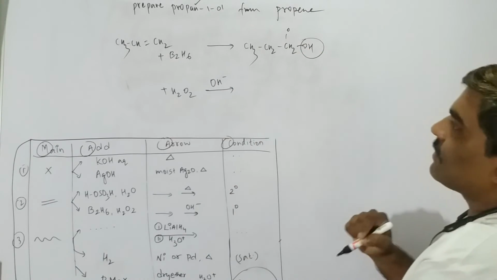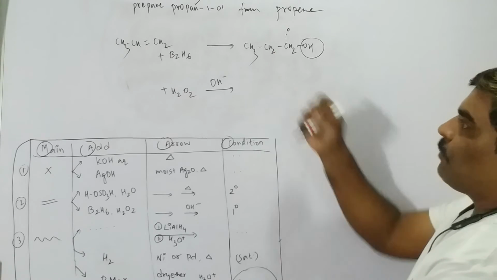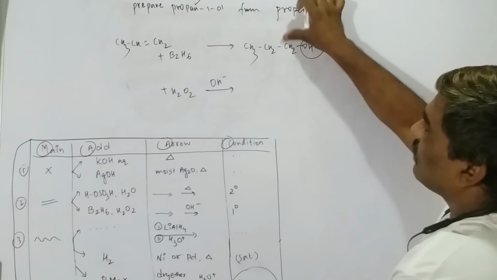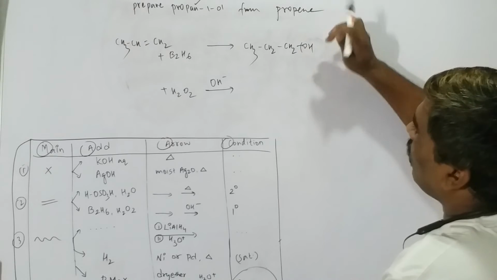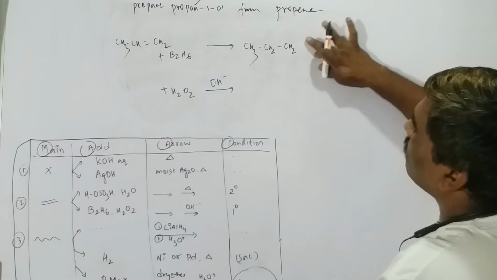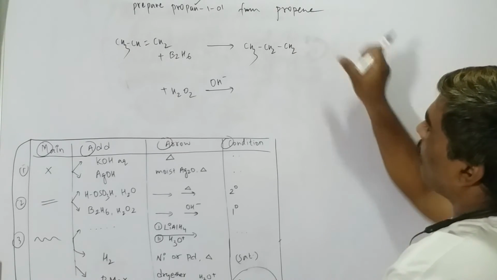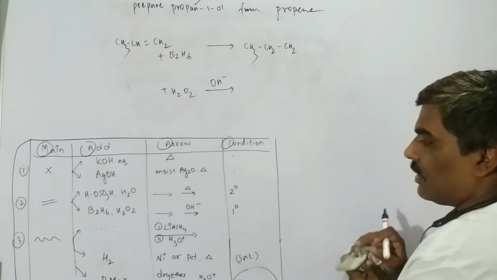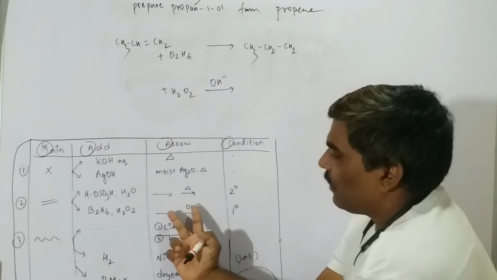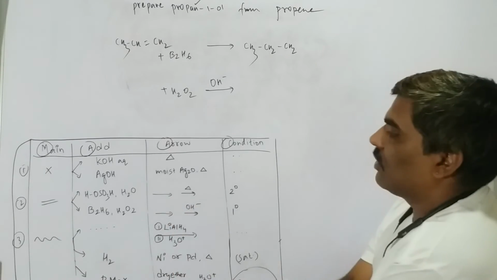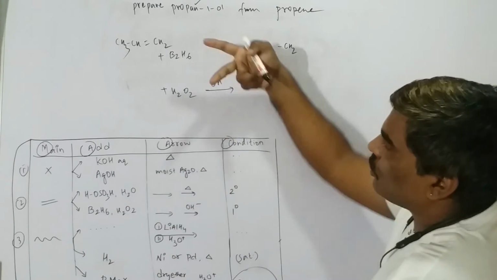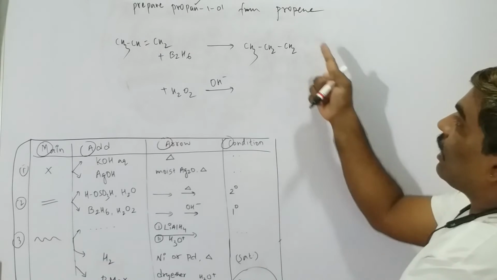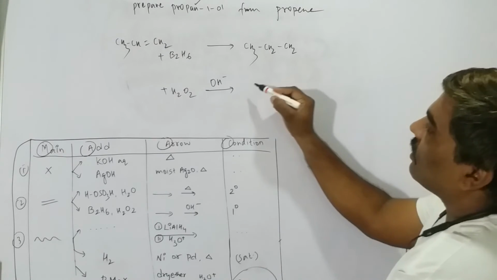Now think of this. I wrote here propan-1-ol, but propan-1-ol will not be here. Why? Because this is a two-step process. Two arrows are given, two reactants are there. It means alcohol will not form here.